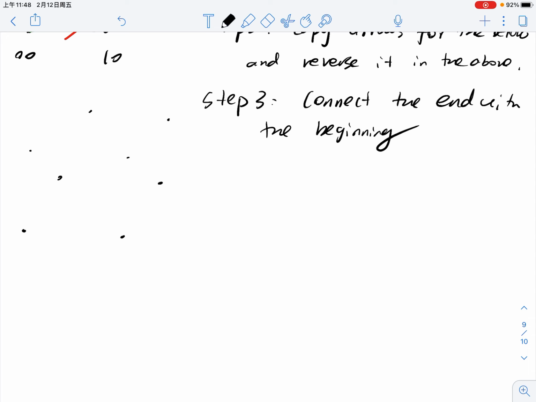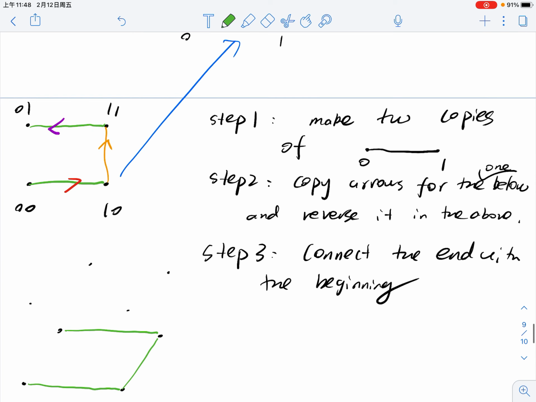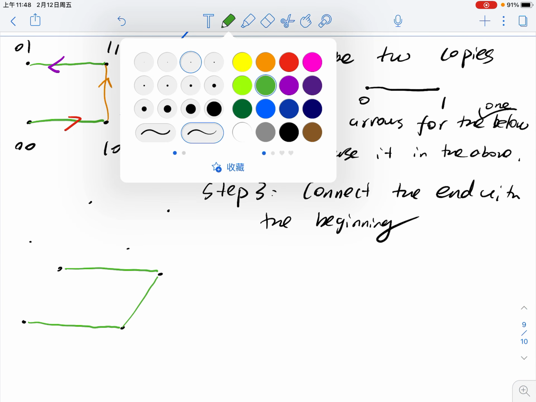So if you run the program once again, first you make 2 copies, and for the below one, you just copy the arrows as well.